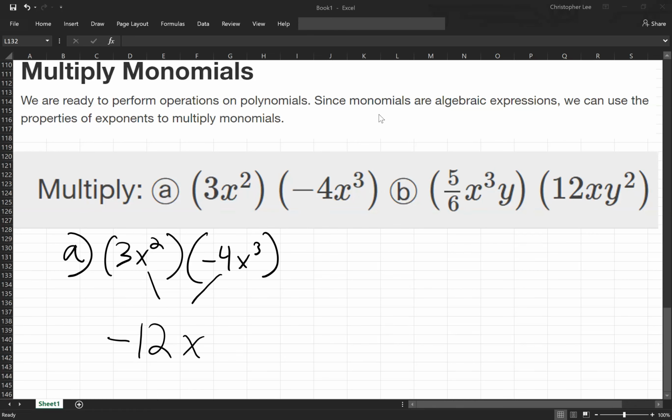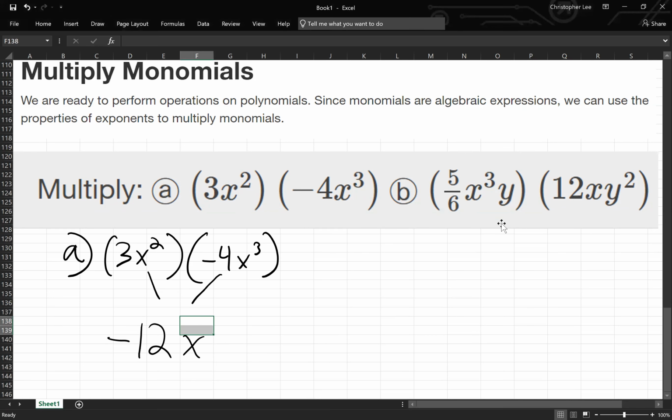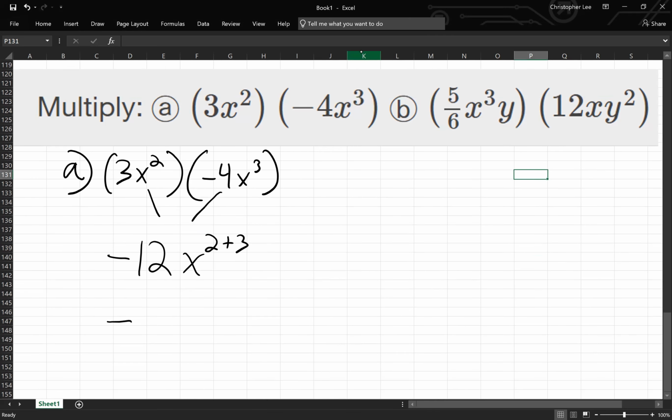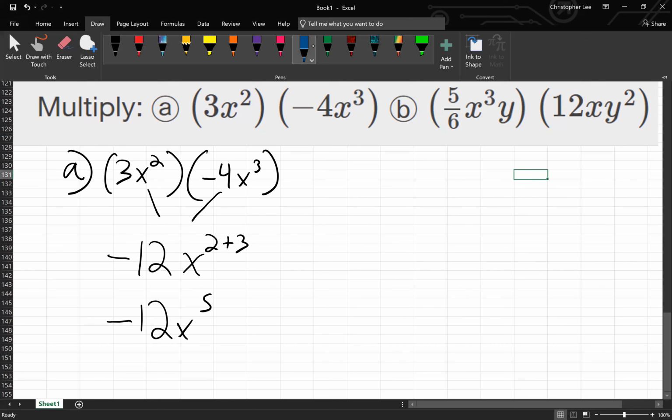Five. That's it. Whenever we're multiplying exponents, remember that we add. So 2 plus 3 is 5. So this is -12x to the 5th power.